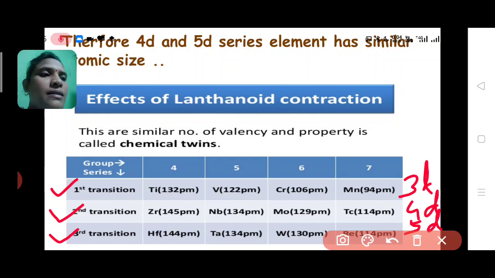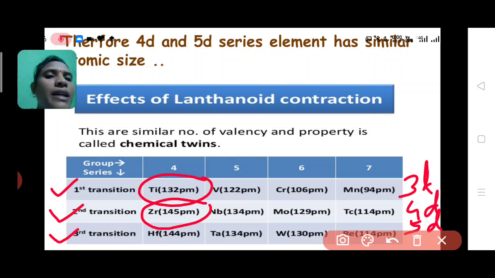So for 3D series elements, see the first column, titanium has 132 pm atomic size. Now see the 4D element, that is zirconium, has atomic size 145 pm, which is larger than the 3D element. Now in the same column, see the 5D series element, that is hafnium, having atomic size 144 pm.